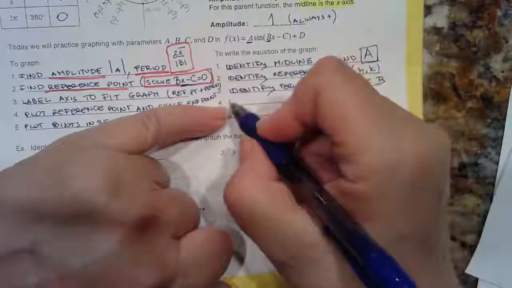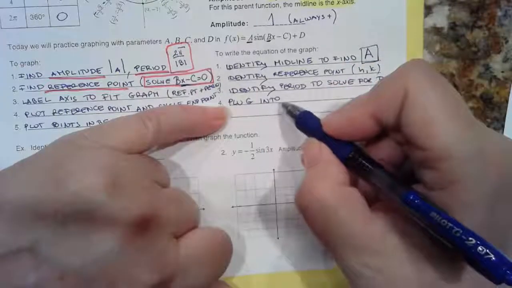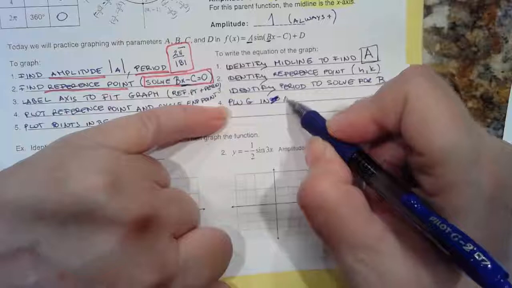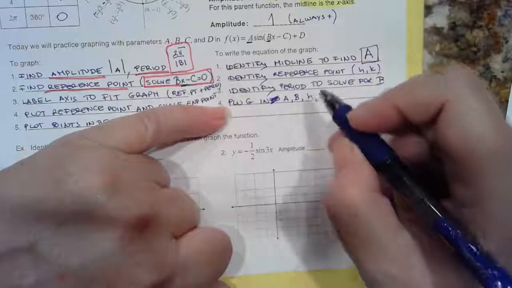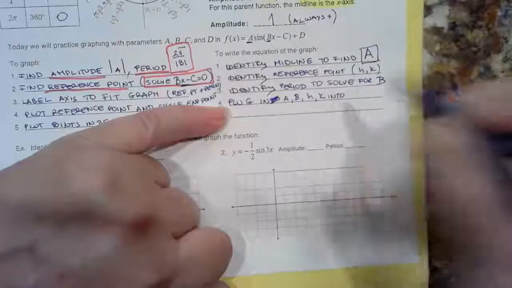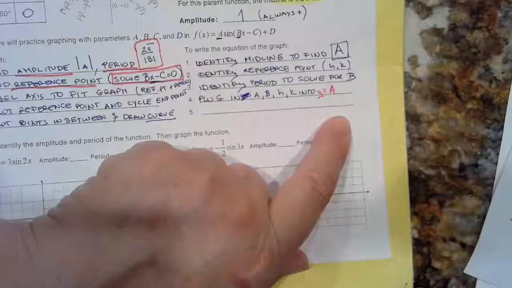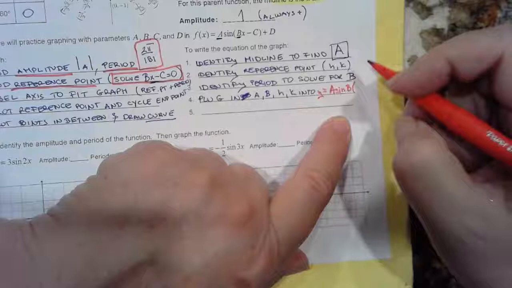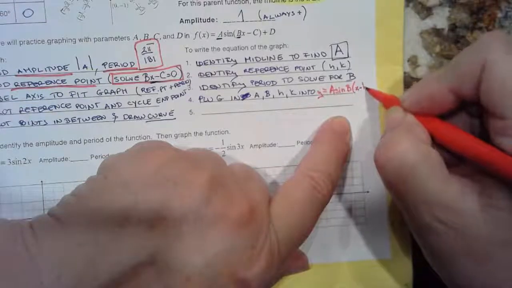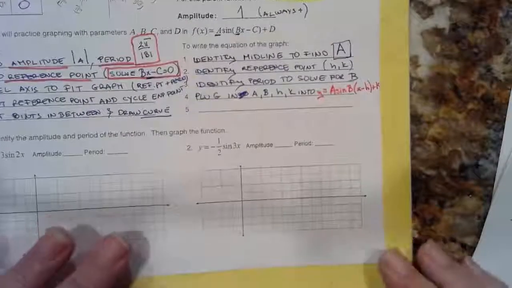And you're going to plug in, I'm sorry, you're going to plug in A, B, H, and K into the equation, which is y is equal to A sine B parentheses x minus h plus k.